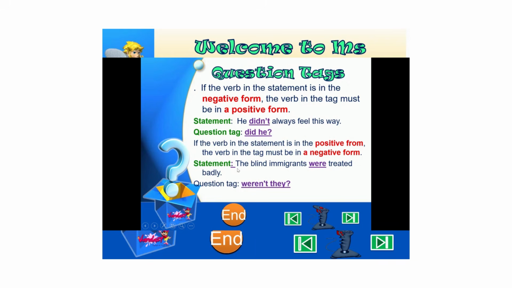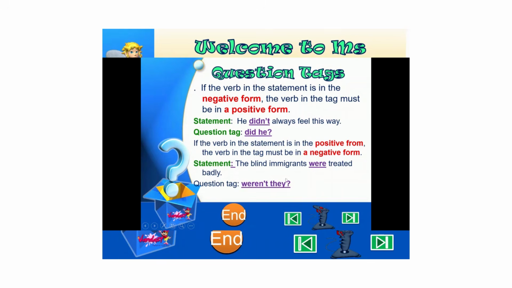Now another statement says, the blind immigrants were treated badly. There's nothing negative about the statement. Therefore, the statement is in a positive form. Now, for you to add a question tag, you are going to take the auxiliary verb, were. Then you change were into a negative by contracting the word using an apostrophe mark.